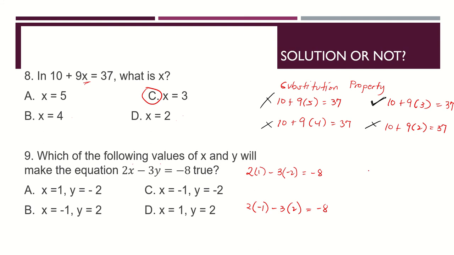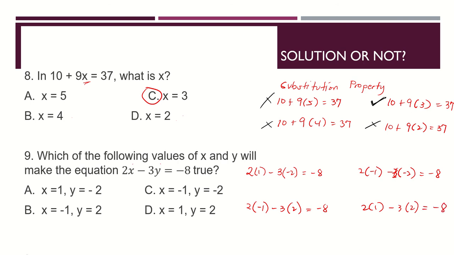Then, yung isa naman sa letter C, we have 2 times negative 1 minus 3 times negative 2. And, last, 2 times 1 minus 3 times 2.